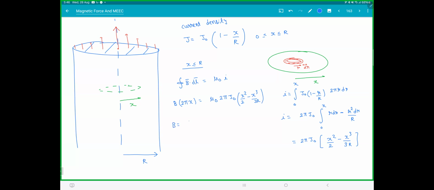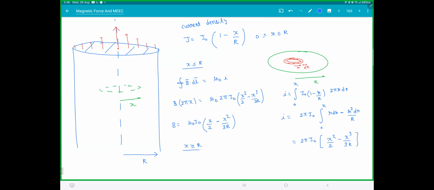So the field will be mu naught J naught, x by 2 minus x squared by 3R. This is the field inside. 2 pi r dr is the area of the ring. J is the current per unit cross-sectional area. Look at the dimensions, it is area, not volume. J is the current per unit area, current density. This is the inside one.